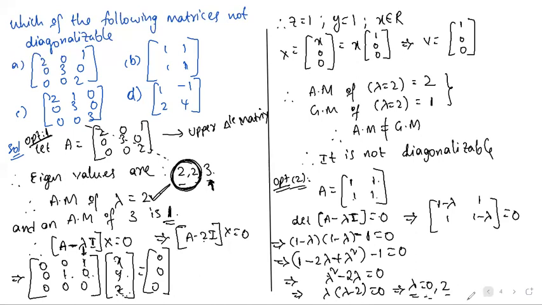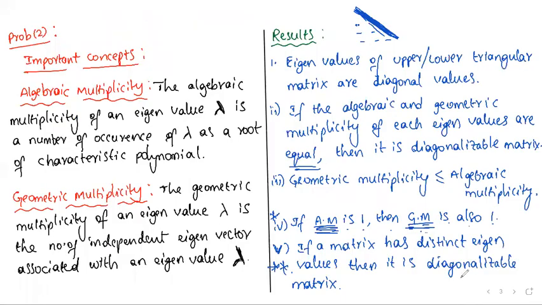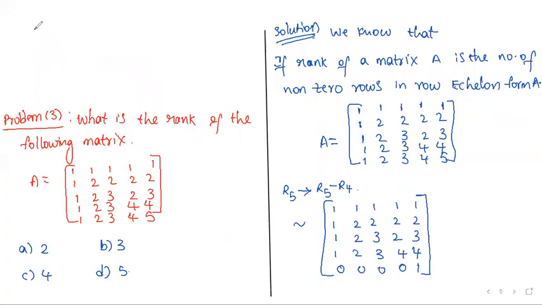So these two are distinct eigenvalues. Already we saw in the notes, the fifth point: if a matrix has distinct eigenvalues, then it is a diagonalizable matrix. So it is a diagonalizable matrix.